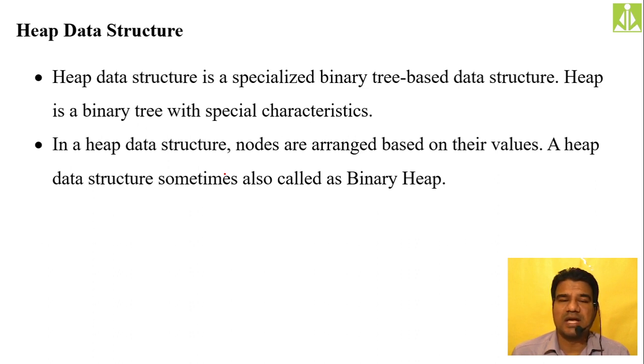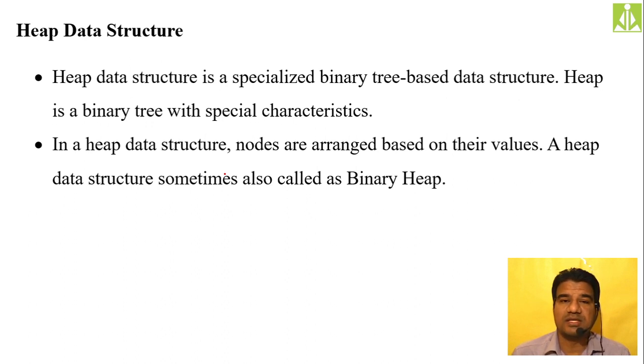As we said, a heap is a binary tree based data structure. Here also, all the nodes present inside your heap data structure need to have a maximum of only two nodes. So a heap is basically a binary tree with special characteristics. What are those special characteristics? We will understand very soon. As far as the heap is concerned, it is also a binary tree.